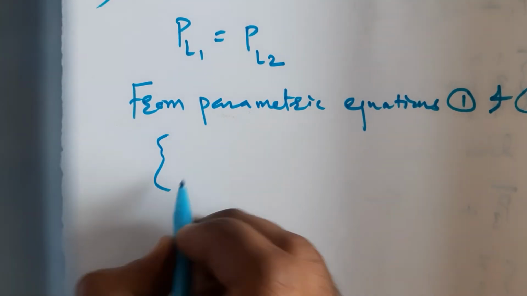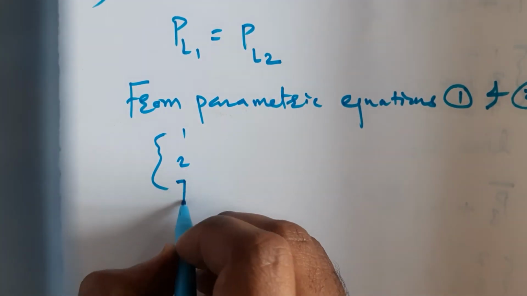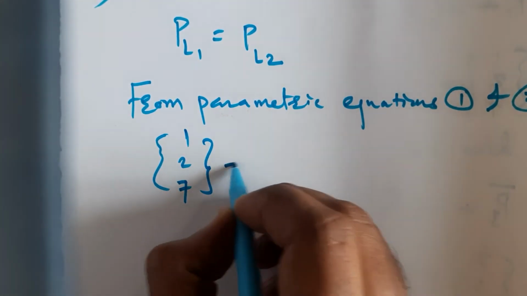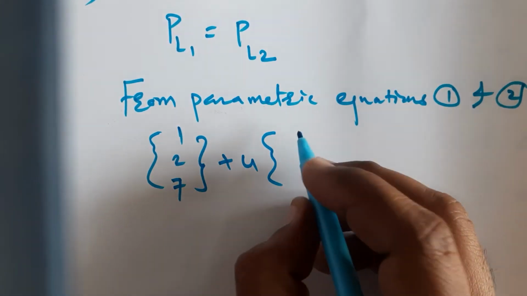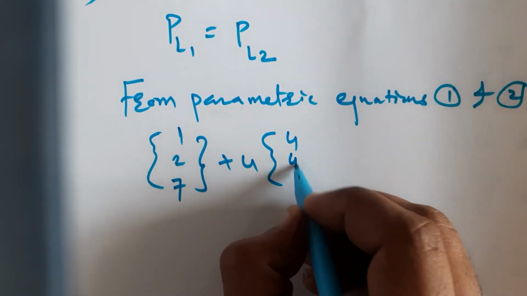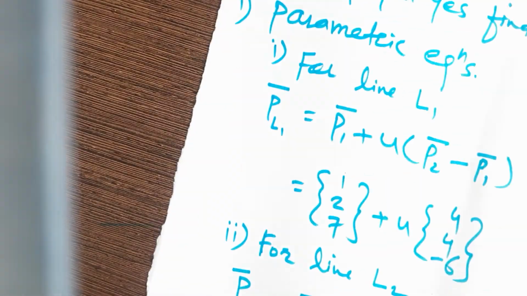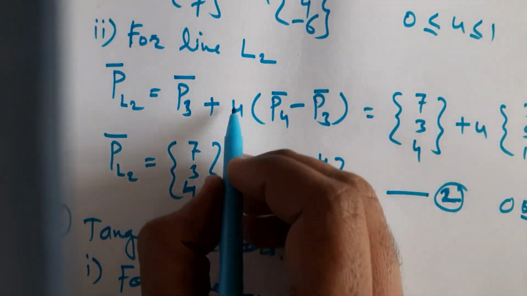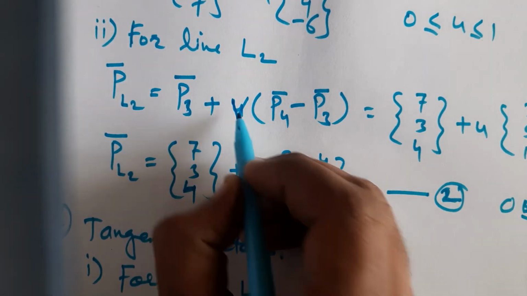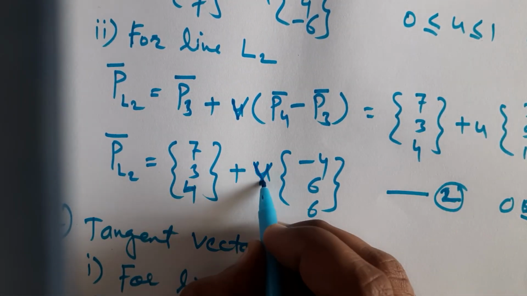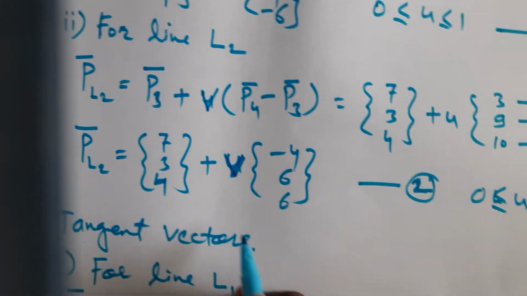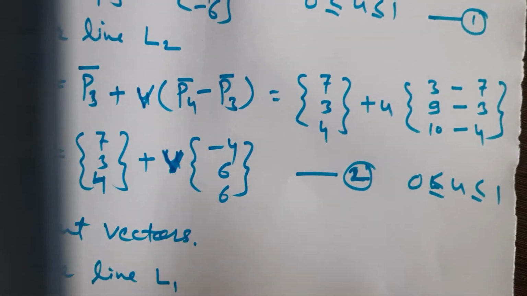Okay, so here 1, 2, 7 plus u (4, 4, minus 6). Now to make a change, in equation number 2, instead of u we will put v to differentiate the lines. Okay, just this is a parameter. It may be u, v, w, whatever.